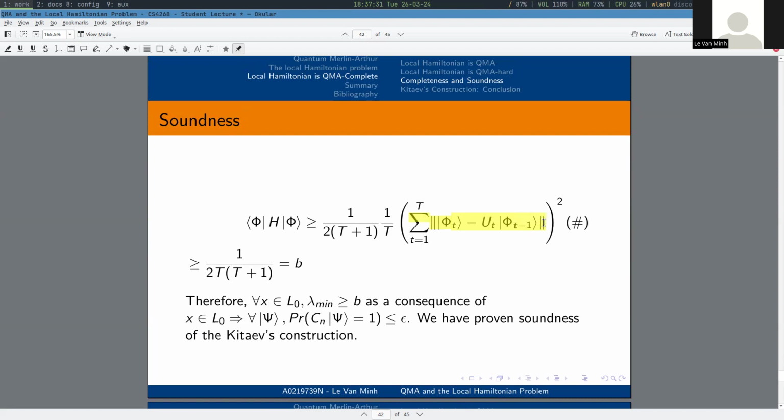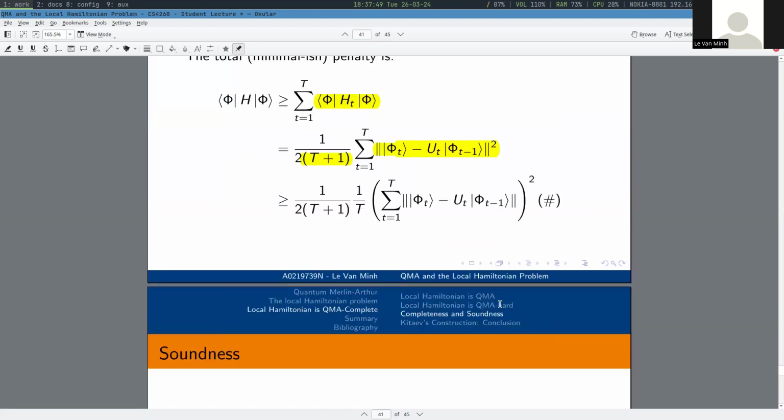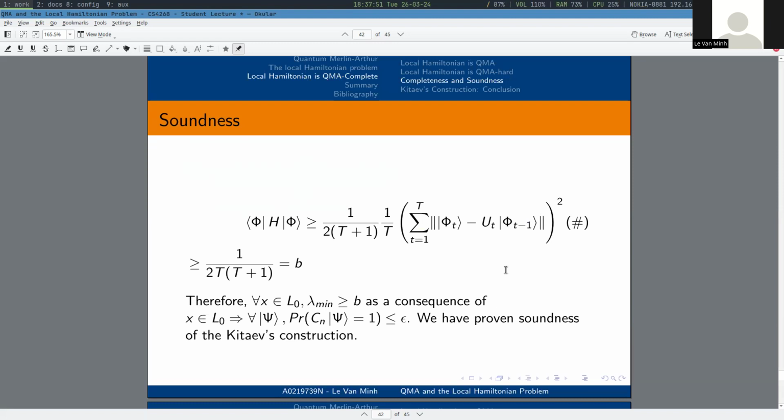Using this result, this is essentially the first conclusion that we have made based on the first two assumptions. That is, the sum of all these is at least 1. Therefore, its square is at least 1 also. So that we can conclude that bra phi H ket phi is at least 1 over 2t times t plus 1, and we call this b.